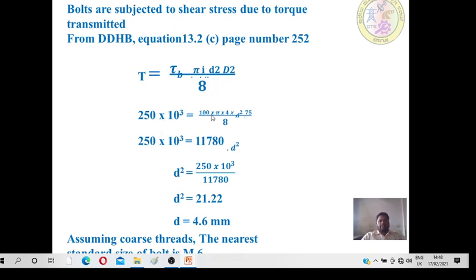If you substitute everything, you get d square equal to 21.22 mm square, and for d you get the value as 4.6 mm. Assuming coarse threads, the nearest standard size of the bolt is M6. So we are taking it as 6 mm diameter, where M means metric.